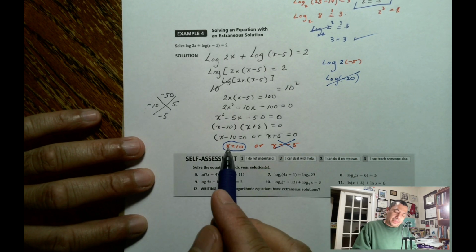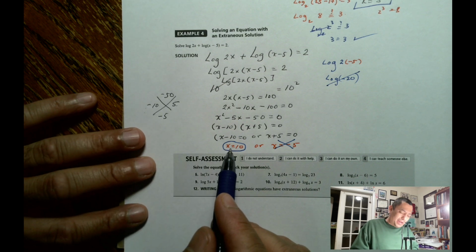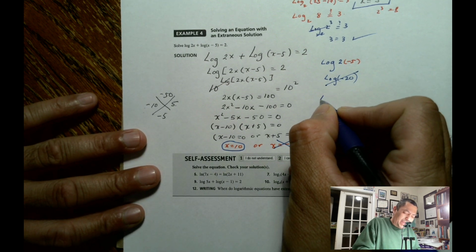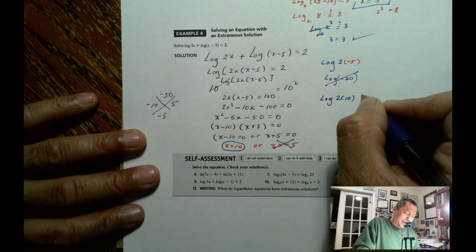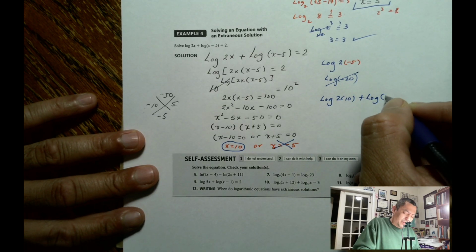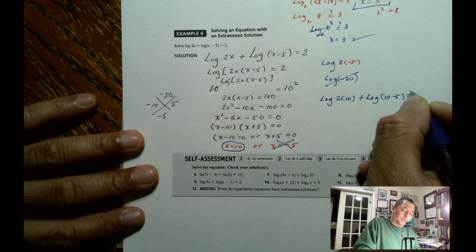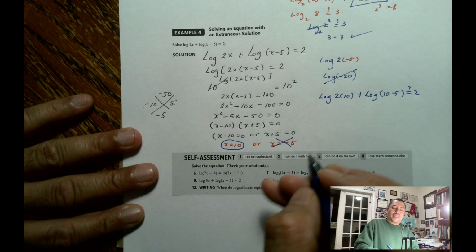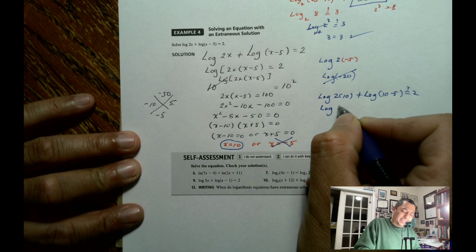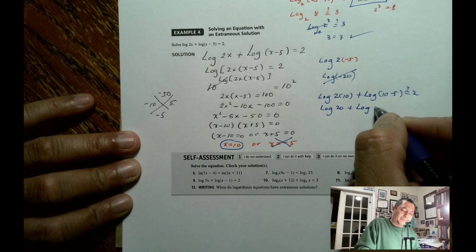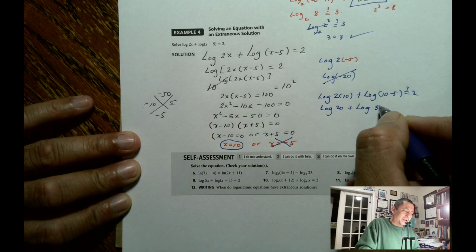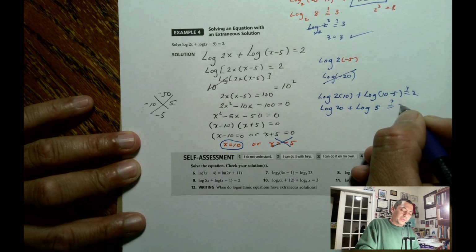But x equals 10, let's try this one here. So for example, I have log base 10 of 2 times 10, plus log of 10 minus 5 equals 2. So I have log base 10 of 20 plus log base 10 of 10 minus 5, which is 5, equals 2.